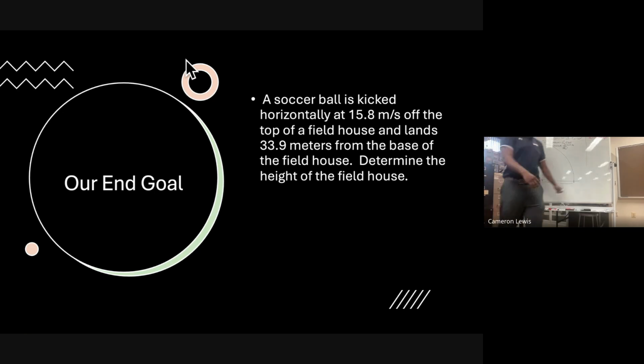The kick is at 15.8. So now we want to find it in the y, but we just saw from free fall that the initial velocity in the y is equal to 0. So we have everything we need now to really analyze this, right? I'm going to start now, and this will take literally the last 5 minutes, and then we'll be out of here.